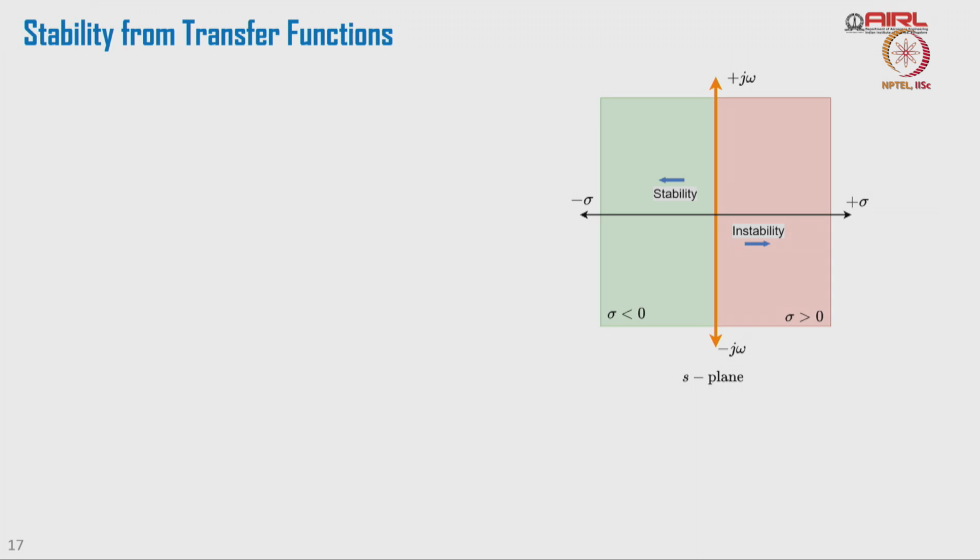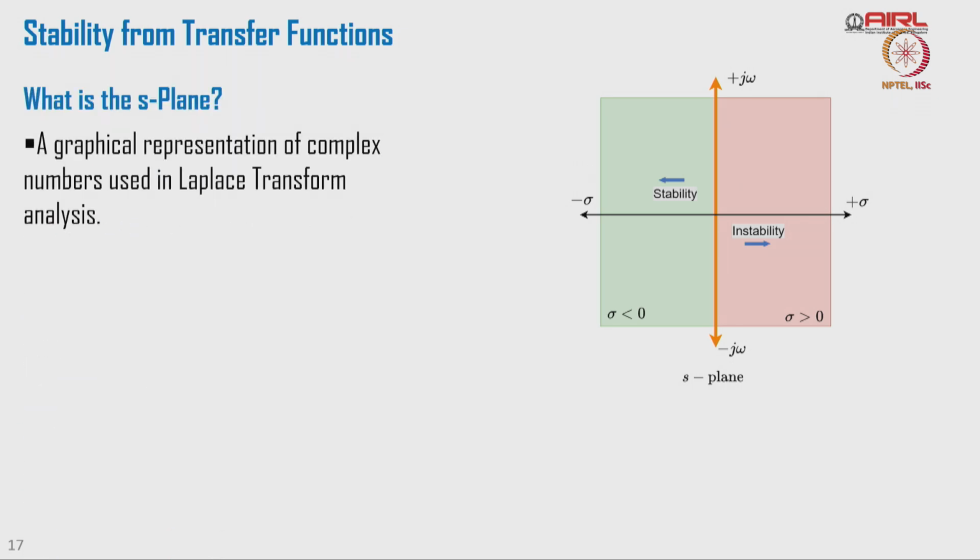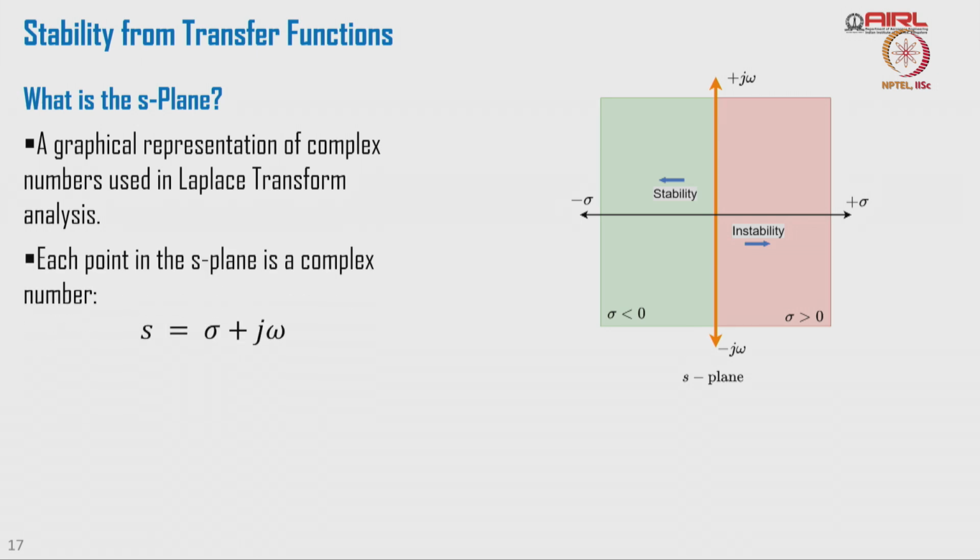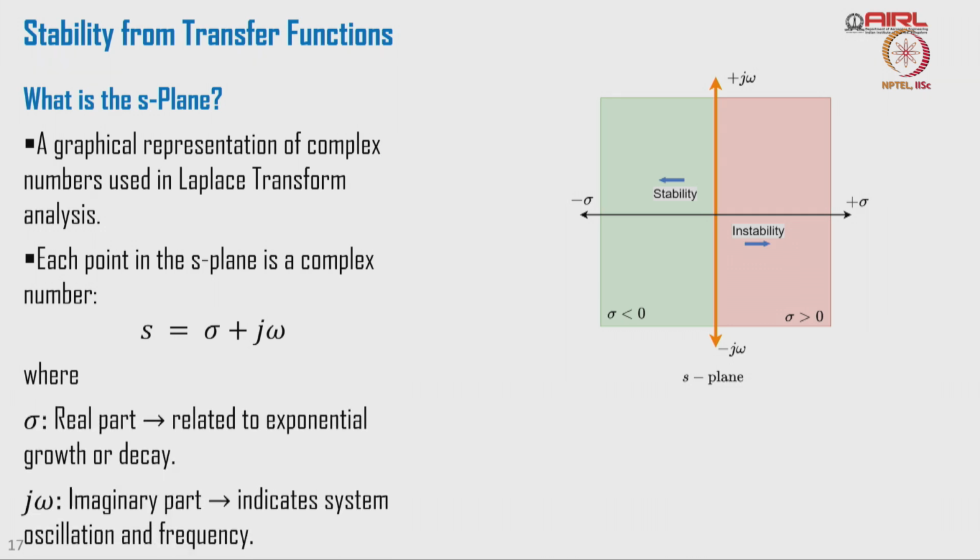Now comes stability concept from transfer function. We were talking about S plane in the last lecture. It is a graphical representation of complex numbers in Laplace transform analysis. Each point in S plane is a complex number which has a real part and one imaginary part. Real part is related to exponential growth or decay, and imaginary part indicates the system oscillation and frequency.